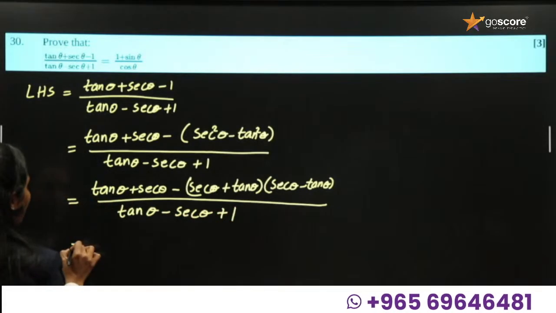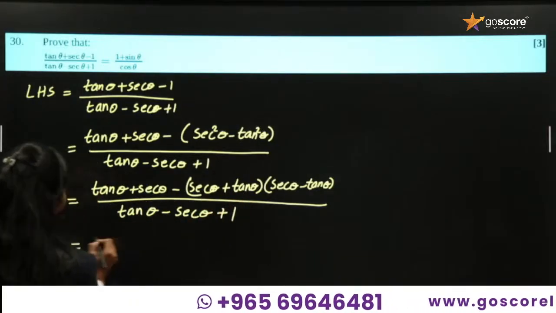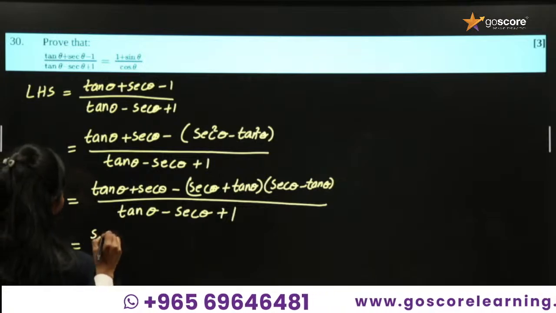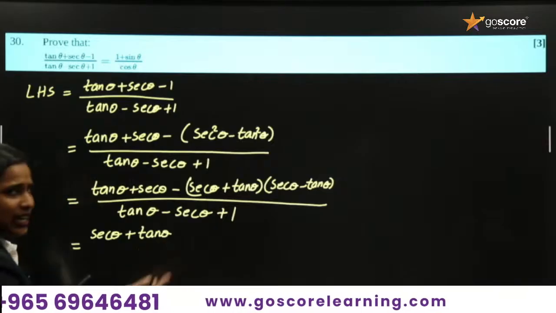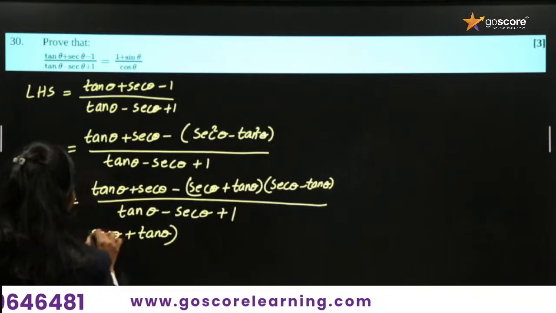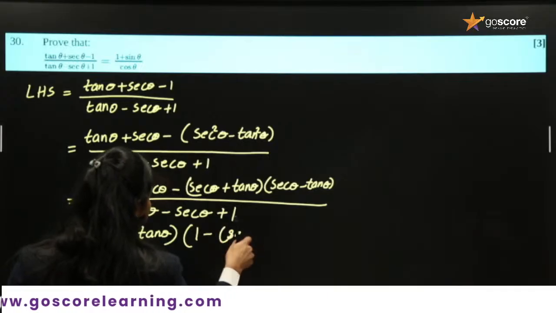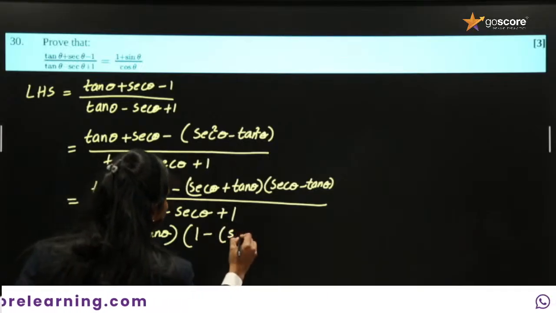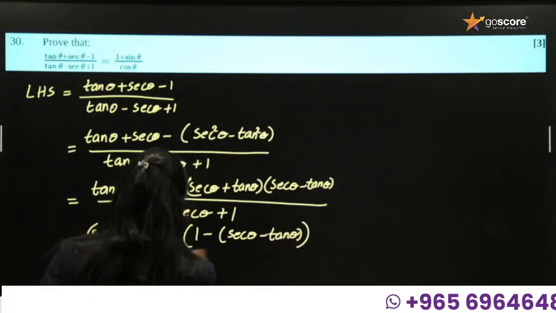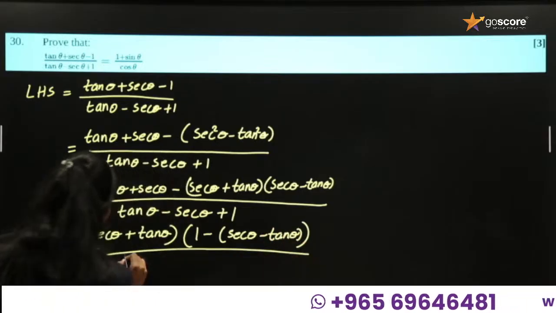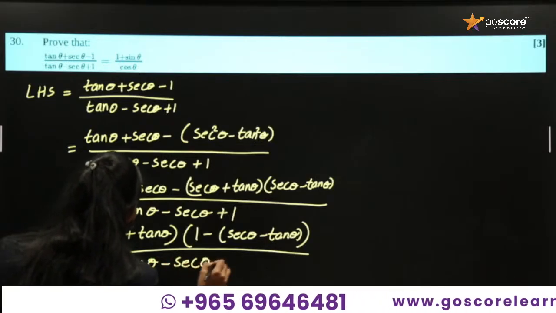Okay, now we will be having here a tan theta plus sec theta, here also tan theta plus sec theta. So I am going to take that sec theta plus tan theta, it is addition, so it is commutative, so we can take it outside, into 1 minus sec theta minus tan theta divided by tan theta minus sec theta plus 1.